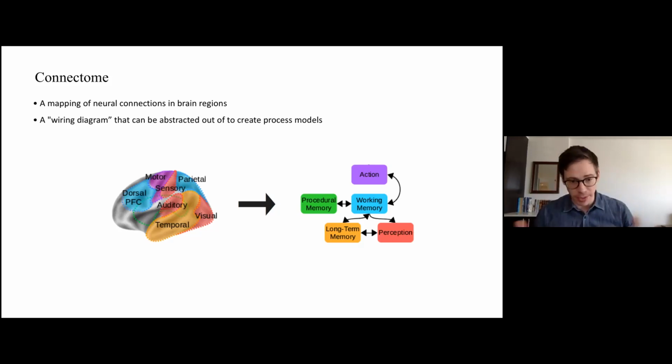Now, we talk about networks of regions, but we can abstract out of these networks into nicer little diagrams on the right. You can see how the different areas that were empirically derived on the left, such as long-term memory, motor, working memory, then became diagrams to see how the functional connections interact. You see long-term memory, procedural memory, perception.